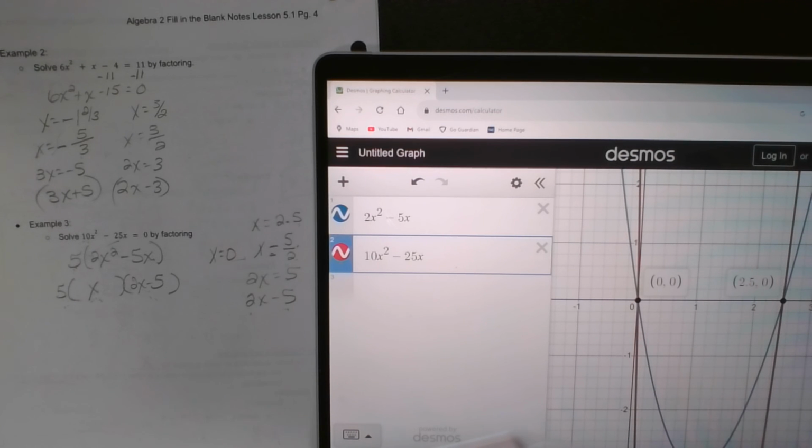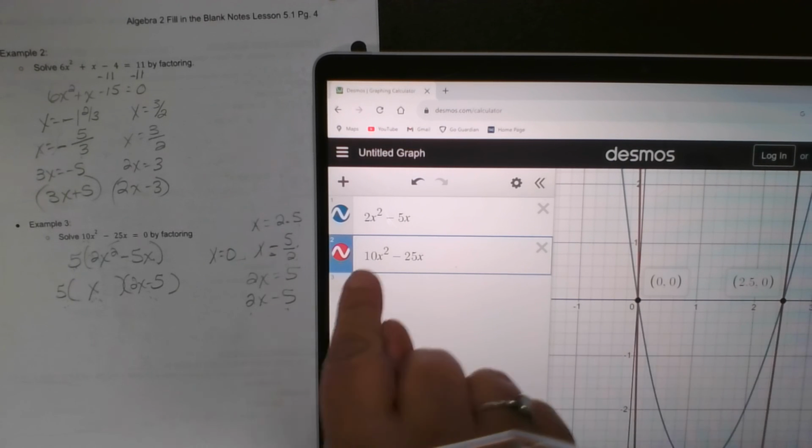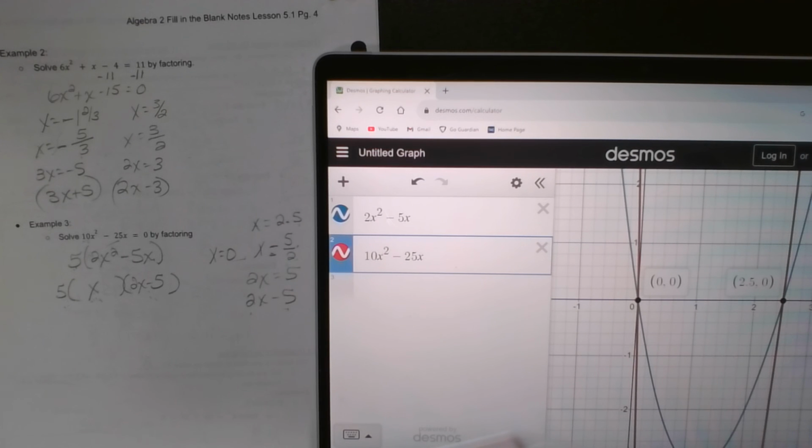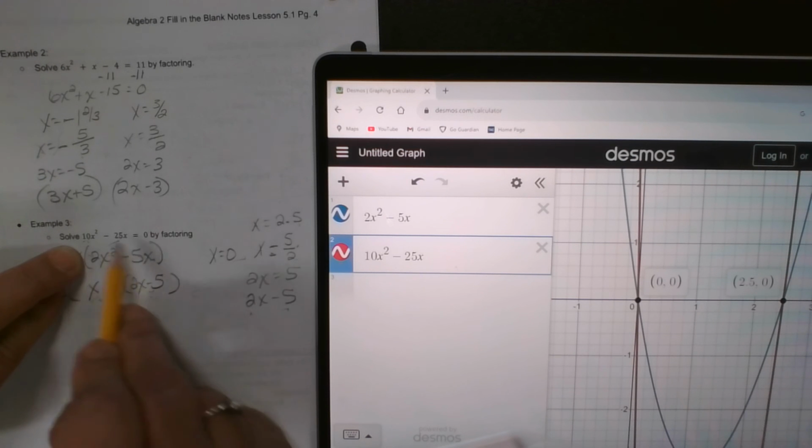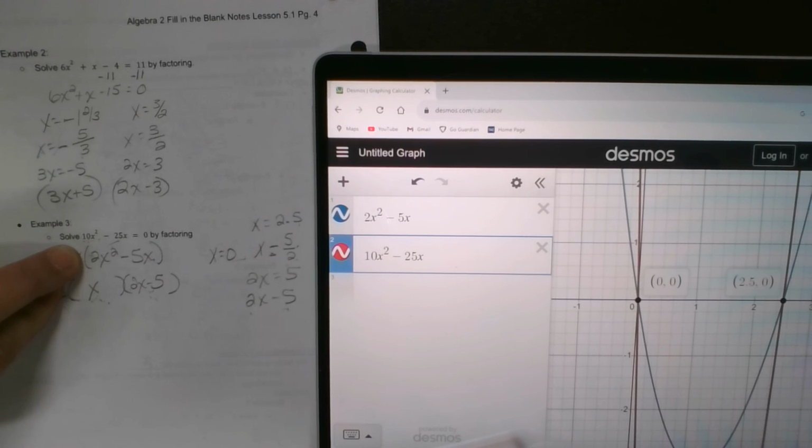So the red graph, the second graph, this one right here, is without factoring. It's going to give you the same zeros. But you can't write just these two factors because that only gives you this. It won't give you back that full quadratic because you've left this factor off in front.